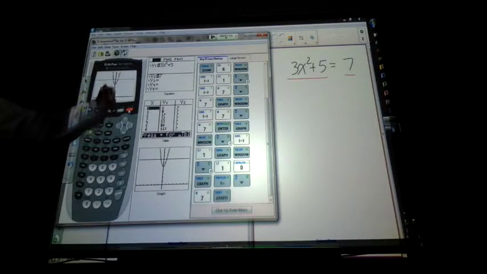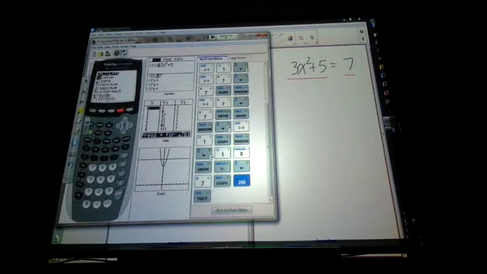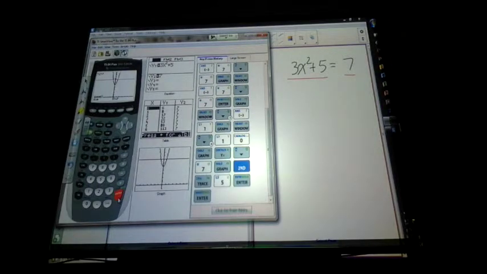The x value is going to tell you where this is taking place. So if I wanted to calculate, second trace, the intersection, I'm going to go y1 and y2 and hit enter. 0.86 is this solution.